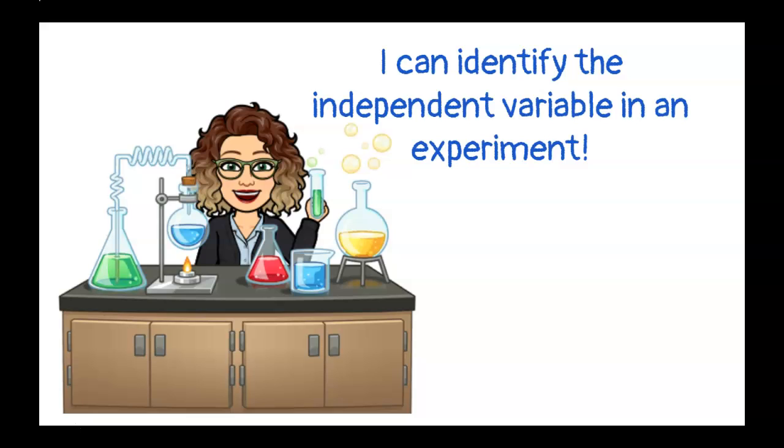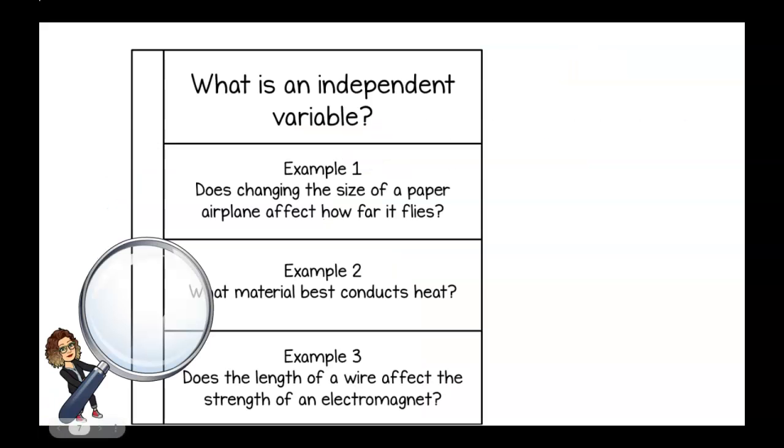Now we're ready to identify what the independent variable is for our experiment. So, what is an independent variable? Well, when we look at the experiment, what are we going to change?